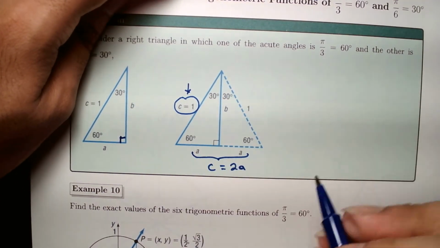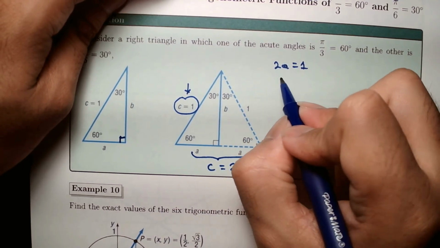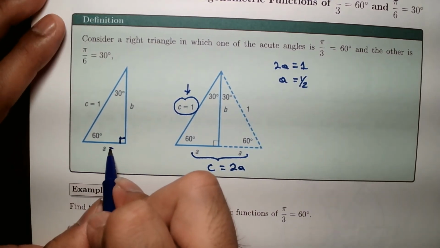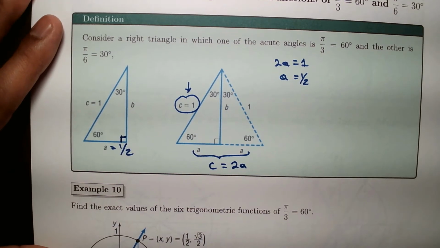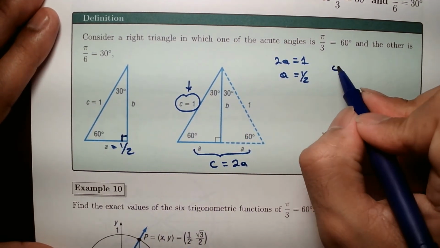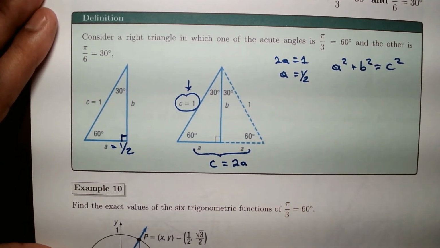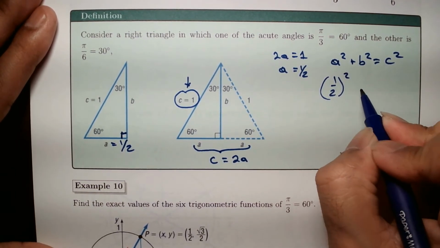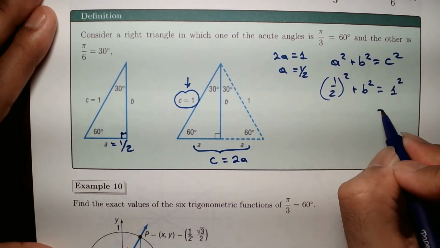Since C equals 1, 2A equals 1, which means that A equals 1/2. Let me put this right here. That's 1/2. I'm going to figure out the B side. How are we going to do that? We know from the Pythagorean theorem that A squared plus B squared equals C squared. We need to find out the B side. We know A equals 1/2. Let's square that guy. And C equals 1. 1 squared is simply 1.